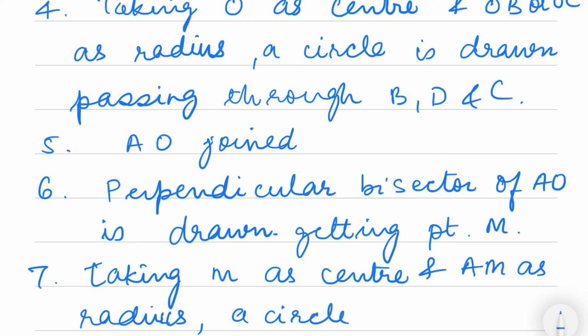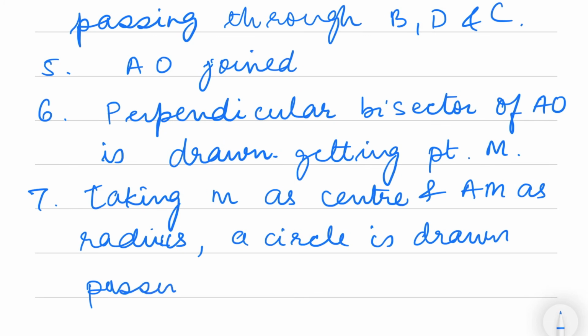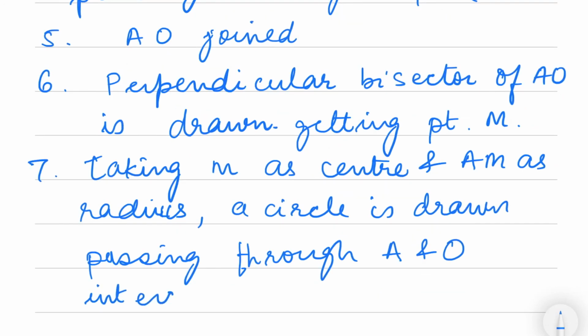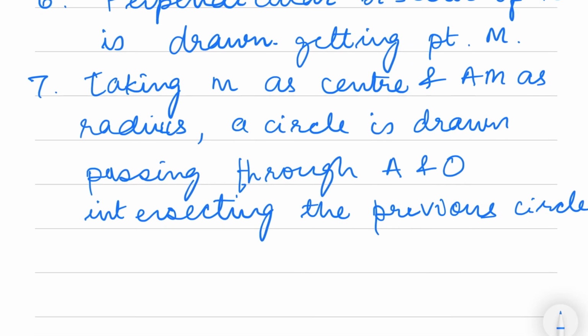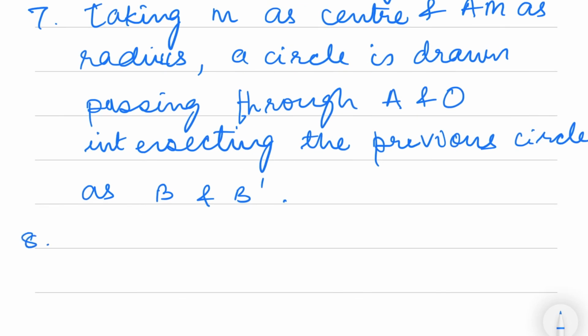A circle is drawn passing through A and O, intersecting the previous circle at B and B dash. 8th, join AB dash.